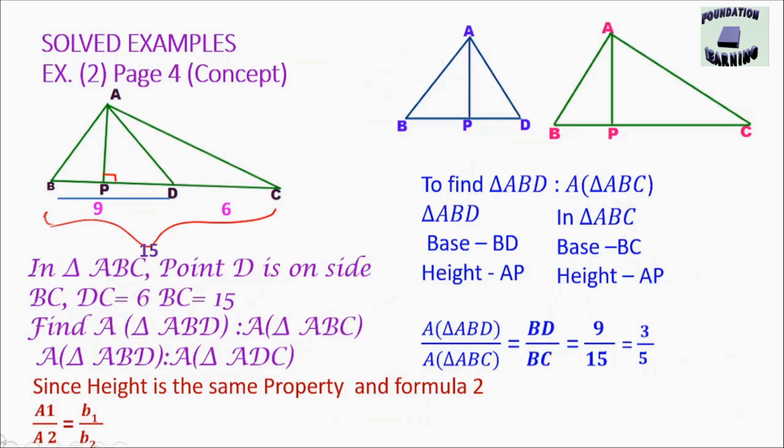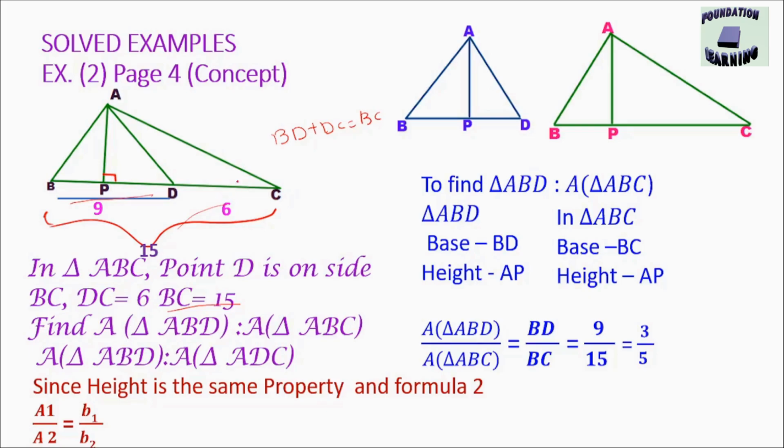We'll understand once again neatly. So in this triangle, we have found the measurements. How did we find the measurements? The entire thing is 15. BC is 15, it's given here. And how did we find BD? We wrote BD plus DC gives you BC.